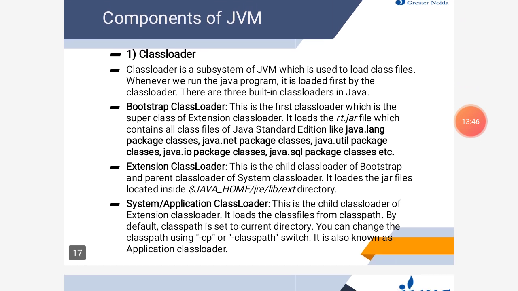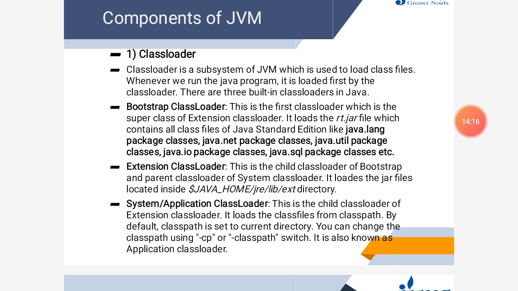Now we try to know what the different components of JVM are. One component is class loader, and class loader is a subsystem of JVM which is used to load class files. Whenever we run a Java program, it is loaded first by the class loader. There are three built-in class loaders in Java: Bootstrap class loader, extension class loader, and system application class loader.